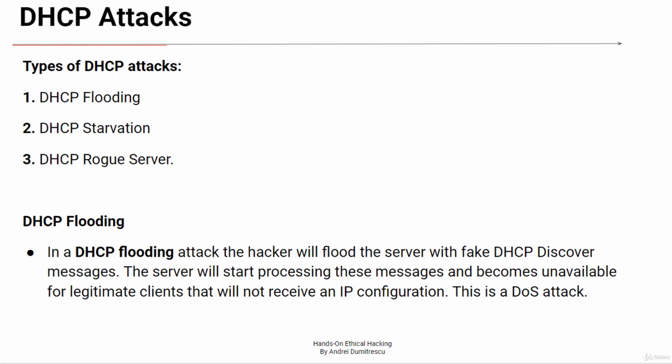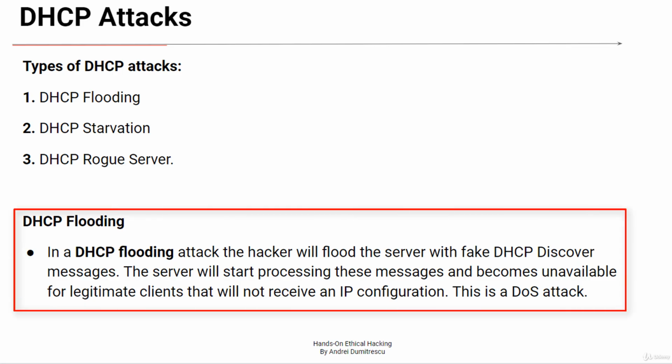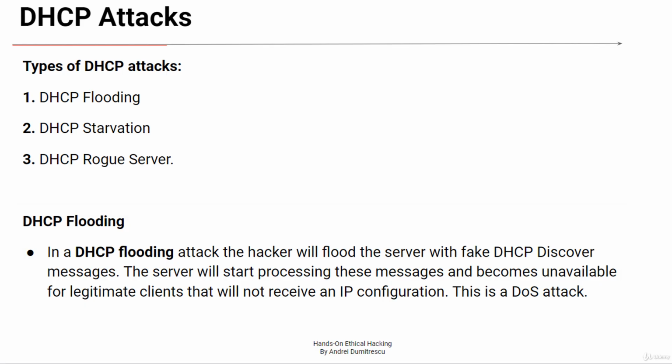Let's take them one by one. In a DHCP flooding attack, the hacker will flood the server with fake DHCP discover messages. The server will start processing these messages and become unavailable for legitimate clients that will not receive an IP configuration. This is a denial of service attack.